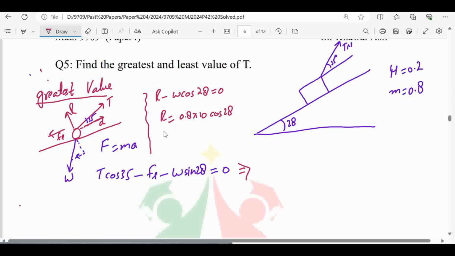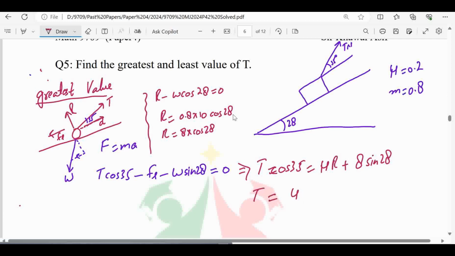So R is equal to 8 multiplied by cos of 28. Now we can directly put the values. So T cos of 35 will be equal to mu R plus 8 sine of 28. Now from here we can easily find the value of T.